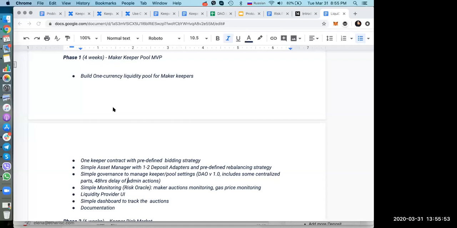Deploy a new keeper contract, or think about upgradability of the contract, which is certainly not the goal of phase 2. So I would say the better way is to start working with the historical data and to check the bidding strategies using this historical data.